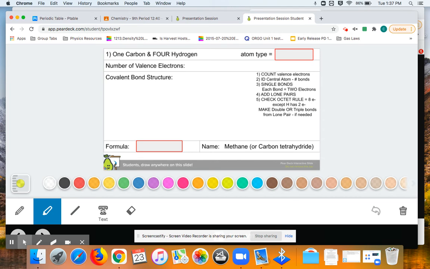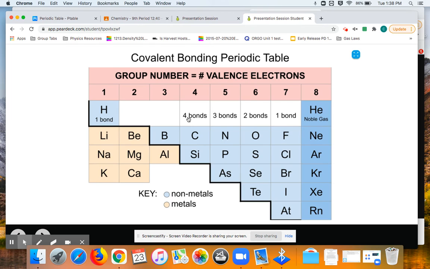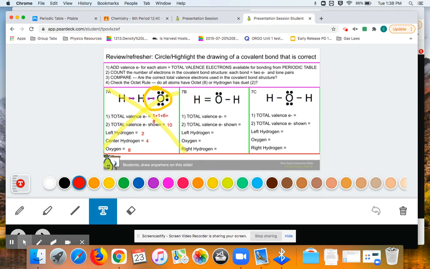First bit is the atom type. The atom type is always nonmetals, always, because these are covalent bonds, and covalent bonds are between nonmetals. The next bit is number of valence electrons. So I have 1 C and I have 4 H's. So I'm going to go back 3 slides, sorry. I need to find C. It's here, so there's 4 valence electrons, and then H, it's here, there's 1 valence electron.